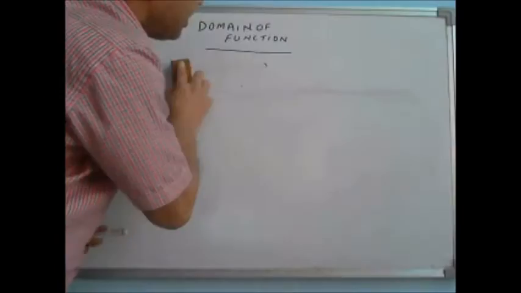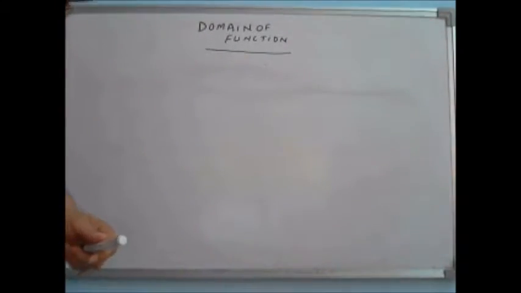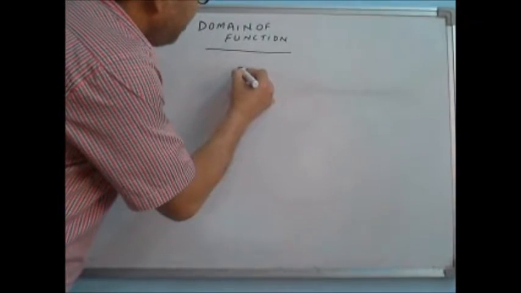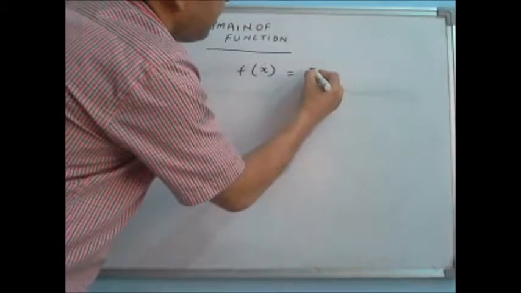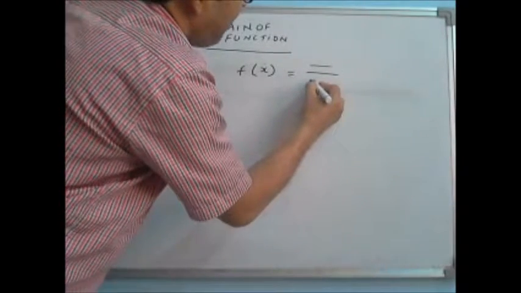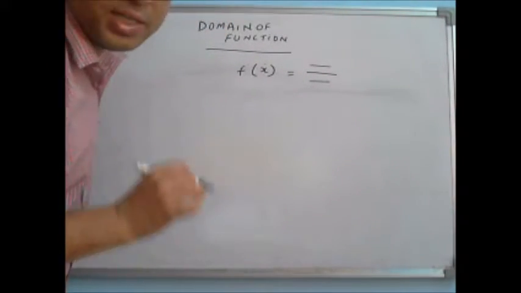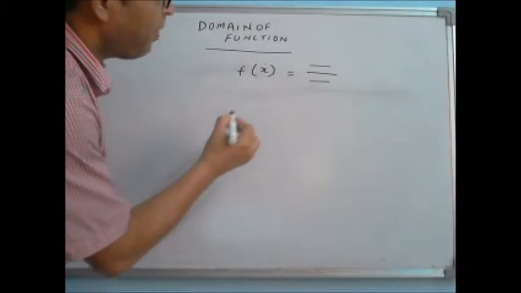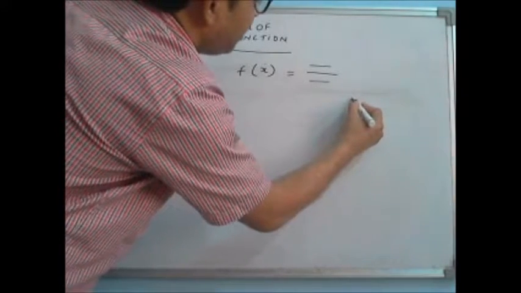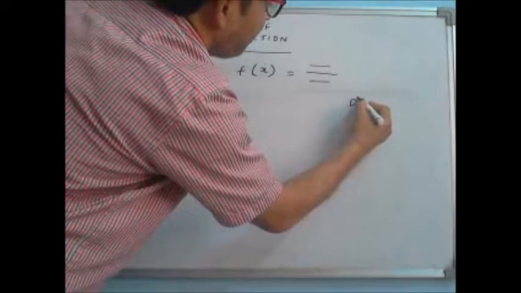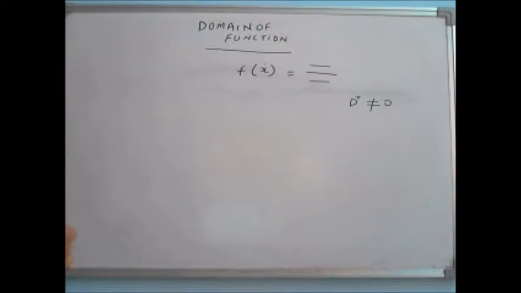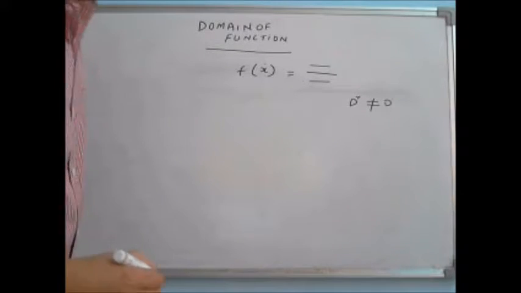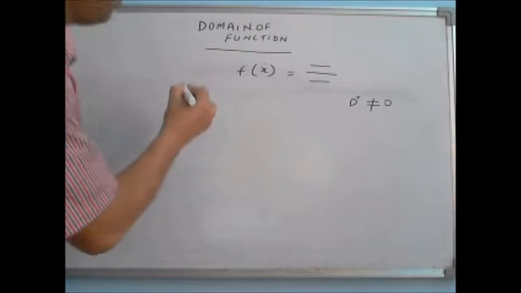Different types of functions we encounter. If a function is in the form of something divided by something, the first rule we have to remember is that the denominator should not be 0. That means the denominator should be some nonzero thing.